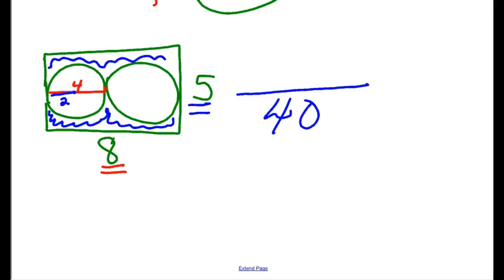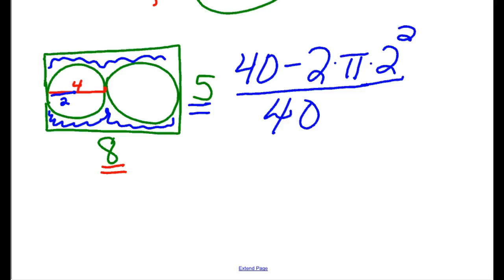How about the stuff between the rectangle, which is 40, and the circles? Well, I'm going to take the rectangle and remove those two circles. I've got two circles, each with an area of pi times r squared. So I'm going to repeat what I just did there.